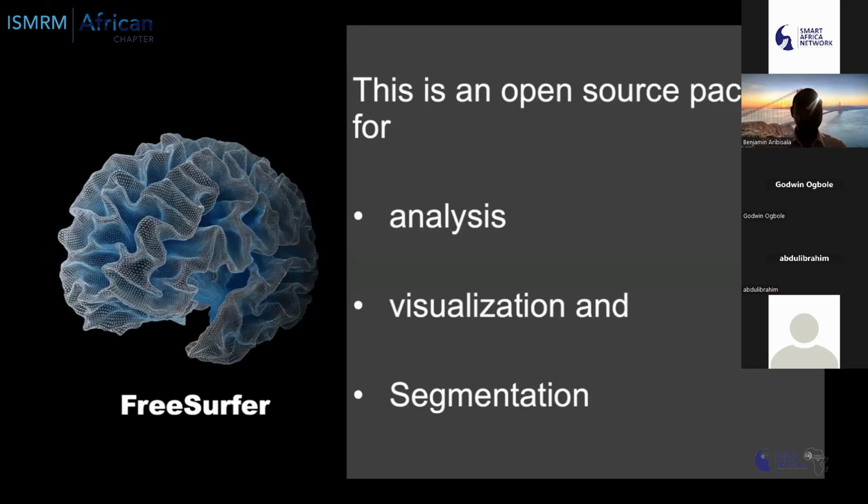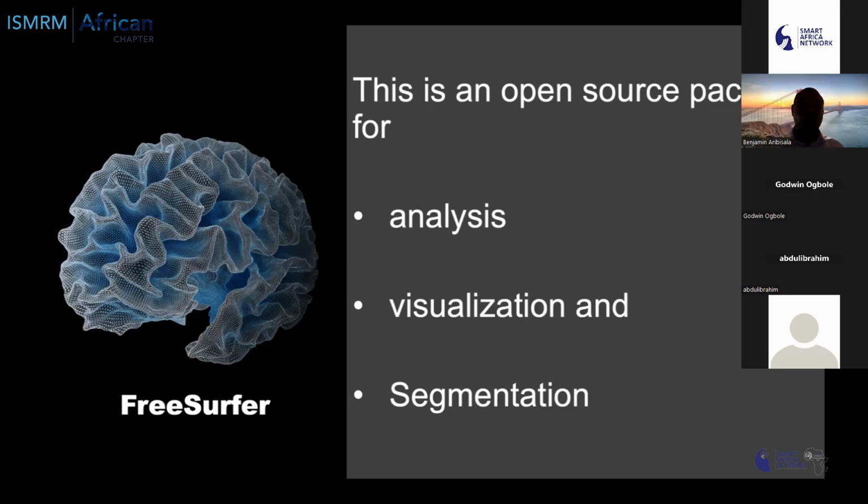What I've had to do in the time past is, because BET, the brain extraction tool of FSL, is particularly great, I've had to do brain extraction in FSL, and then move to FreeSurfer to do my cortical extraction or subcortical segmentation. It's just to say that it's possible for you to use two or three software packages to achieve a goal.